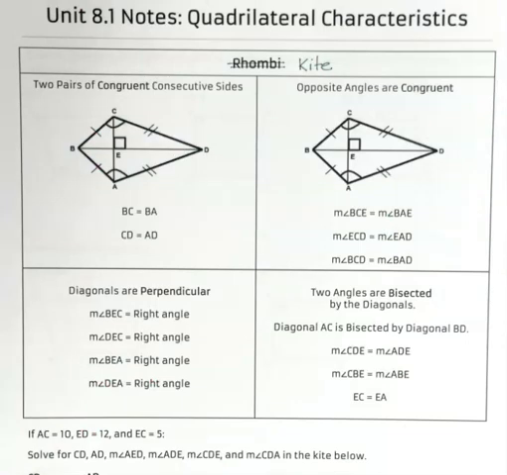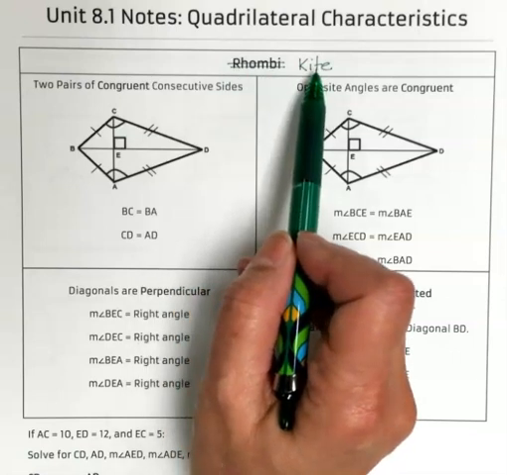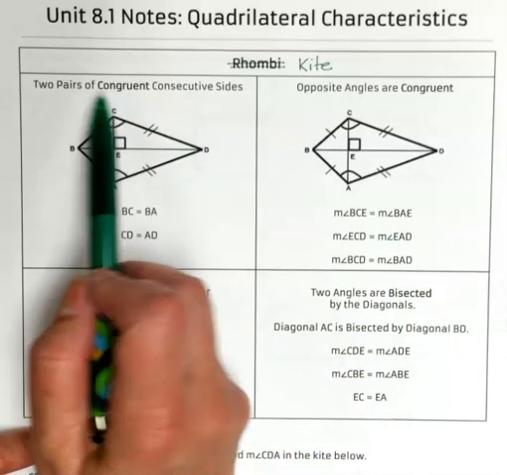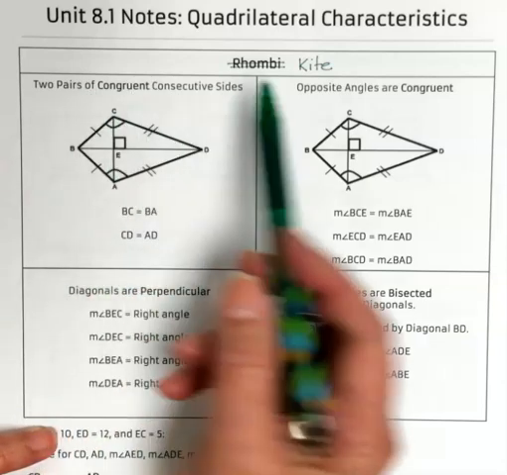The last quadrilateral we're going to look at is the kite. So what I need you to do is cross out rhombi and put the word kite. And it has several conditions. In a kite, two pairs of congruent consecutive sides. Okay?